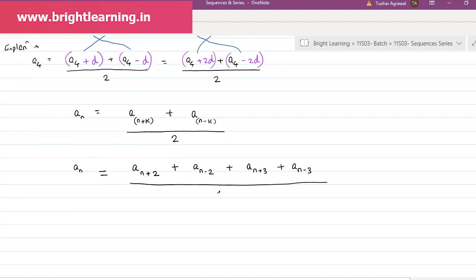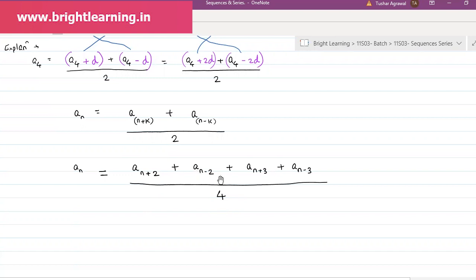Convince yourself that the answer will be 4. Because the first two will get added among themselves and give me twice an. The next two will get added among themselves and give me twice an, not thrice an, twice only. These two together twice, these two together twice, that is 4 times an, so divided by 4.